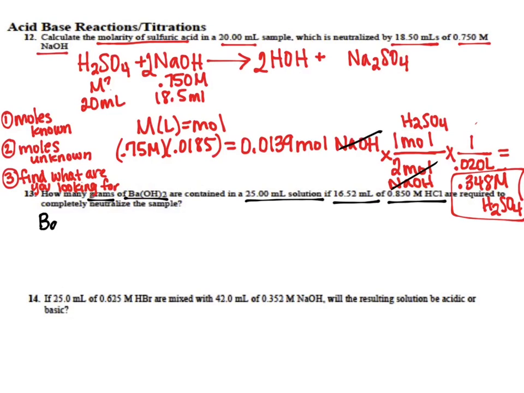Barium hydroxide, Ba(OH)2, is reacted with hydrochloric acid. And we know it produces water, HOH, and this time we're going to have barium chloride, BaCl2.